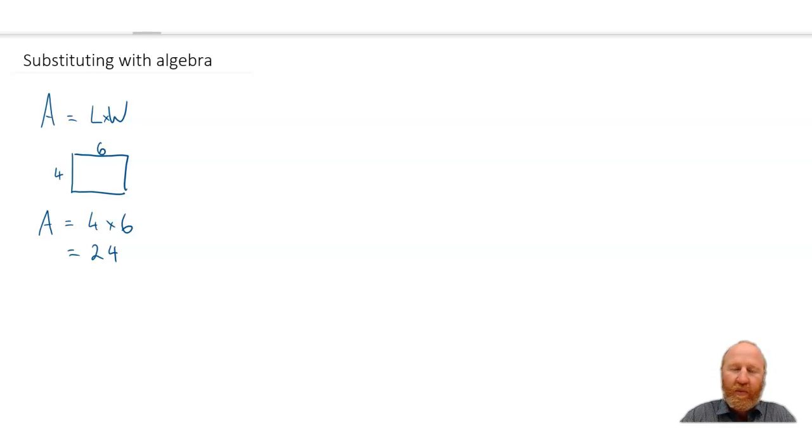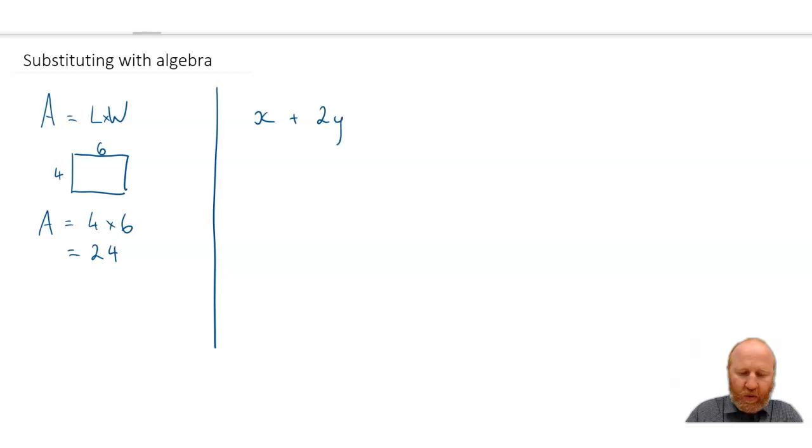So let's take an example that actually looks more like the algebra you could do in a maths class. You might get something like x plus 2y. And you might also have some information telling you to substitute in x is equal to 3 and y is equal to, let's say, minus 1.